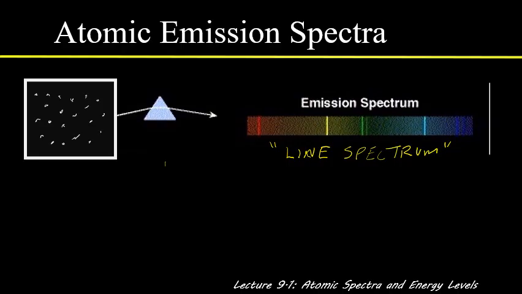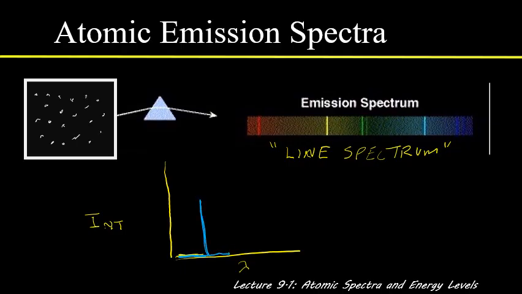And we can make a graph of this too, just like we did for the continuous spectrum. If we plot wavelength on the x-axis and the intensity on the y-axis, what we see is that for most wavelengths, there's no light emitted at all. So the intensity is 0. But at a few specific wavelengths, a lot of light is emitted.